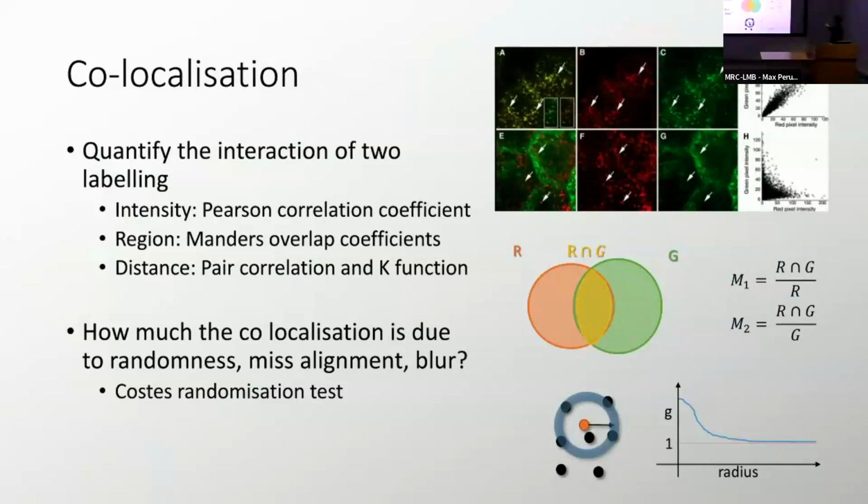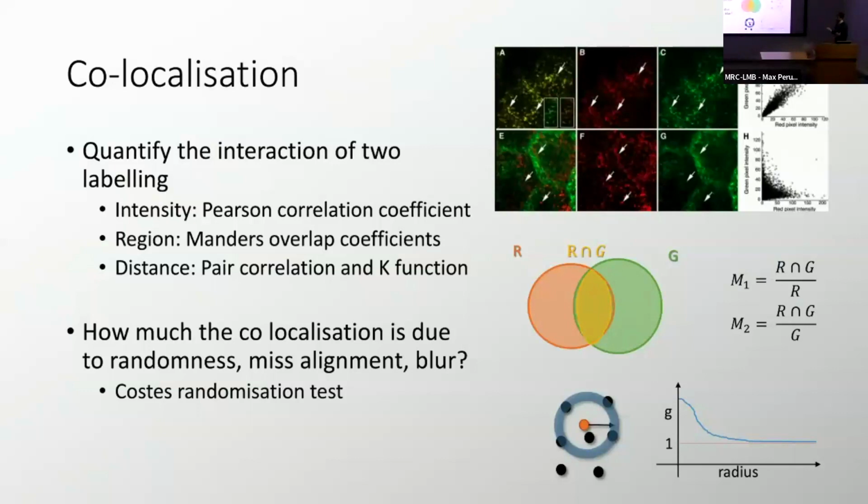This is typical of a correlation between the two channels. We can use a Pearson correlation coefficient to measure the amount of correlation. This is the most basic intensity measurement, no pre-processing, nothing. We can also use a Spearman, which is a bit more robust to non-linearity between the two channels.